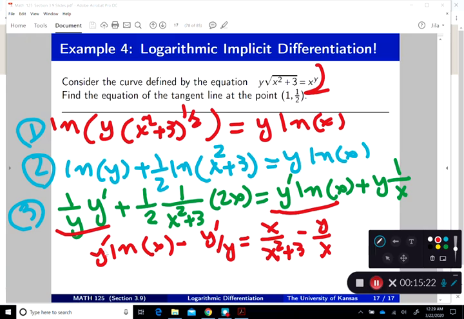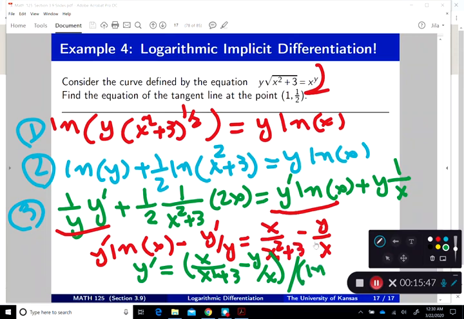Factor y prime out and divide, and what you get is y prime equal to x divided by x squared plus 3 minus y over x, divided by natural log of x minus 1 over y.